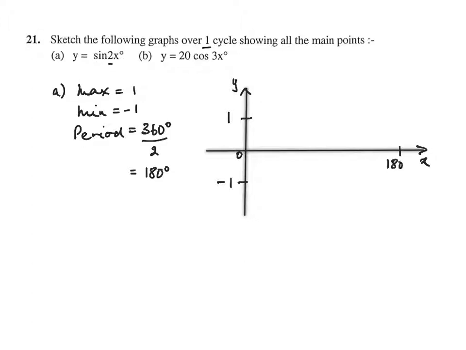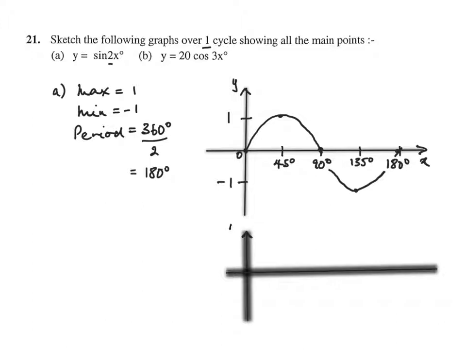I'll mark 180 degrees here, then I'll half and quarter the x-axis. The sine function starts at 0, goes up to its maximum at the first division, down to 0, down to its minimum, then back. What we have then is something that looks like that.